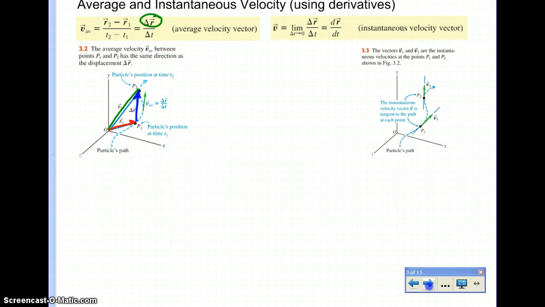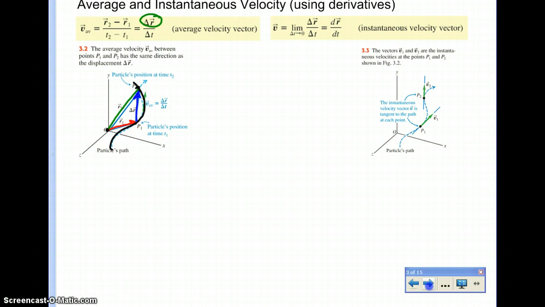So the particle's path itself might be a curved path, something that's not linear at all. But if you want an instantaneous or average velocity, what you're really interested in is just those 2 points in time.